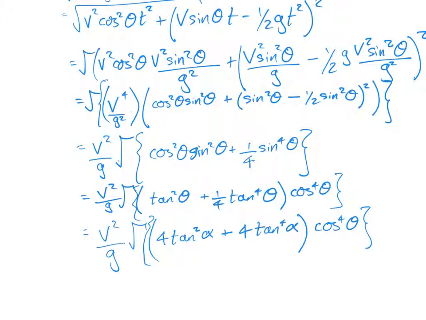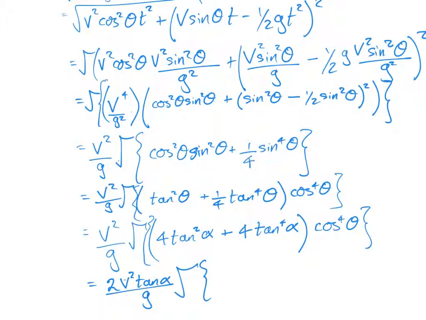Okay, so the 4 is nice, the tan squared is nice, so take the 4 outside and I get 2. Take tan squared alpha outside, I get tan alpha, so I've got v squared tan alpha over g. And this is all getting closer, the square root, and what have I got left inside?